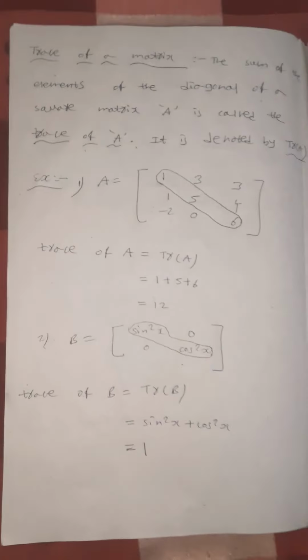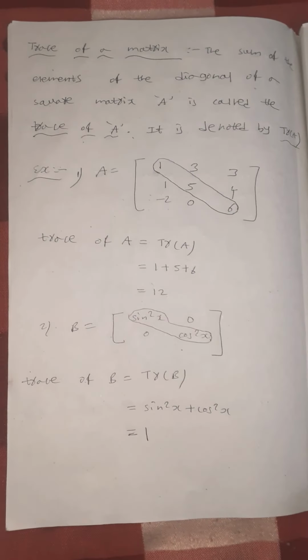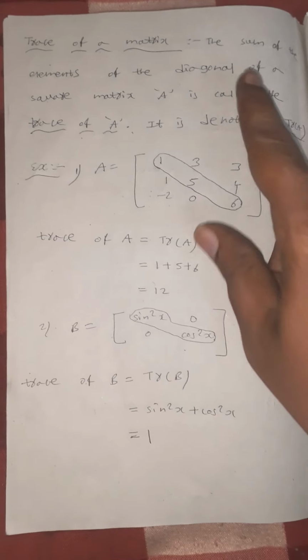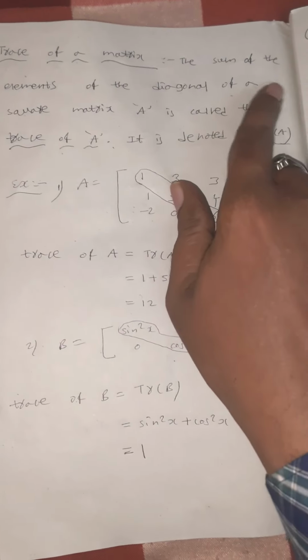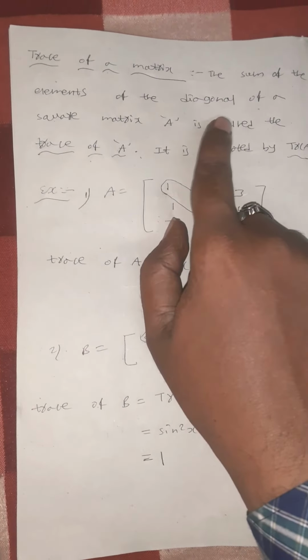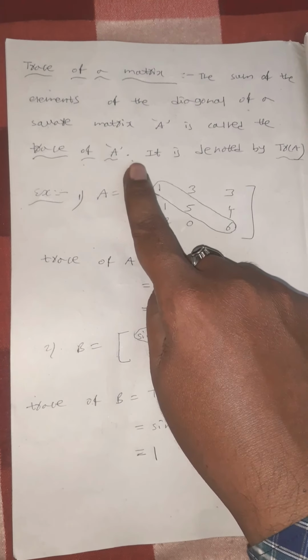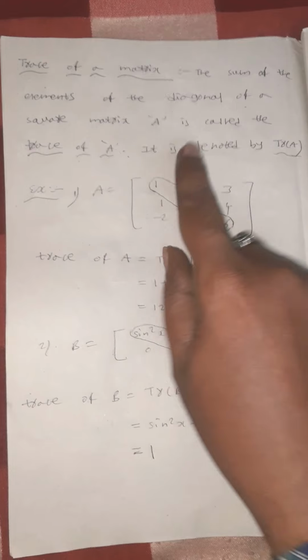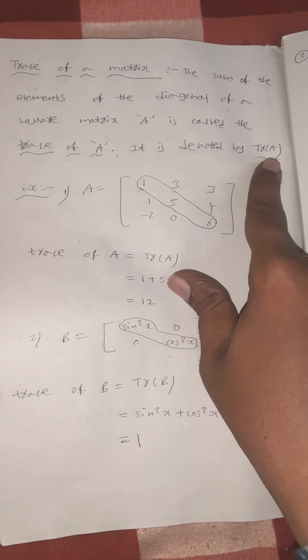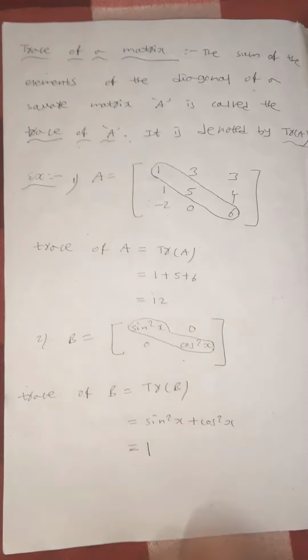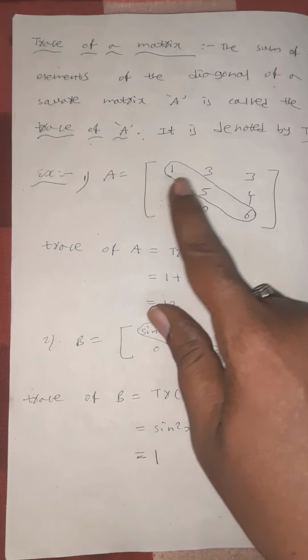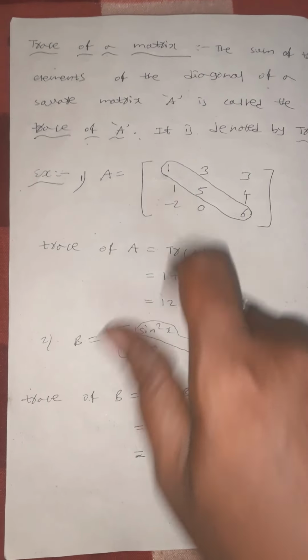Next definition is the trace of a matrix. The sum of the elements of the diagonal of a square matrix A is called the trace of a matrix, or trace of A. It is denoted by Tr A. Example: A is the matrix I have taken.